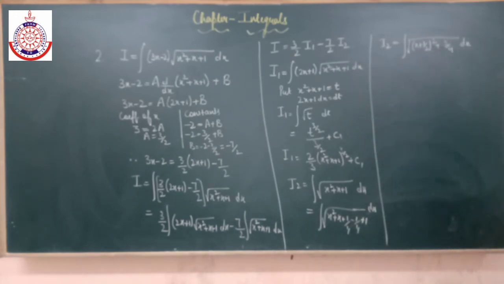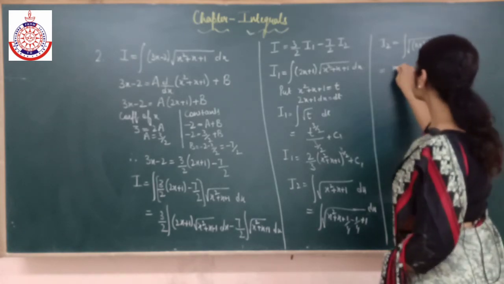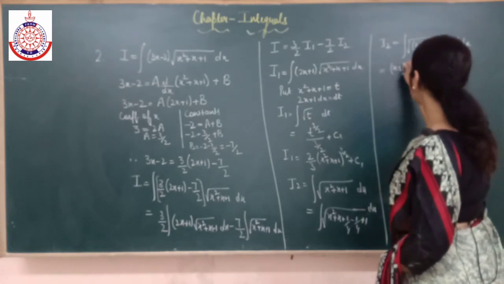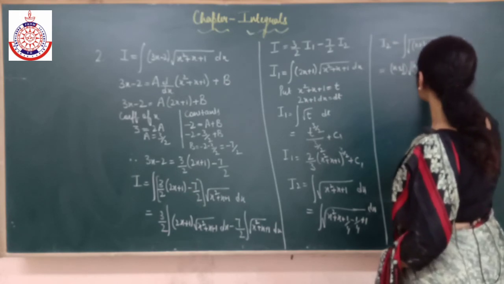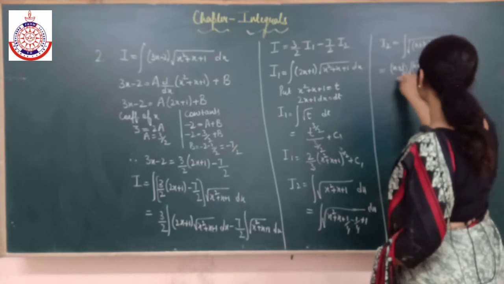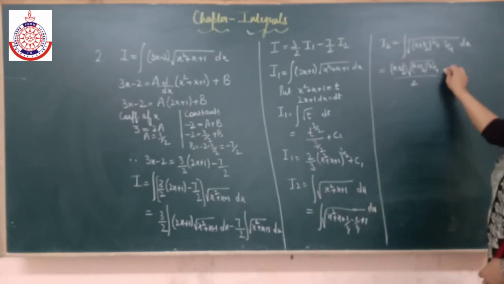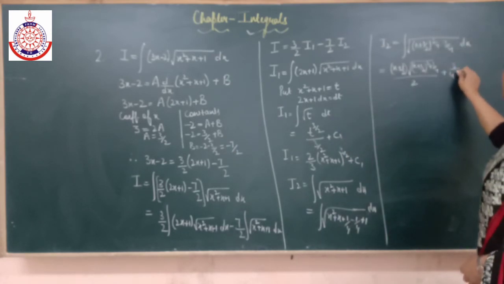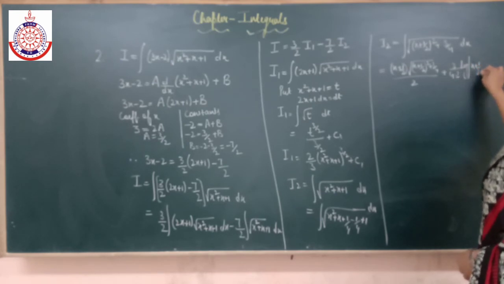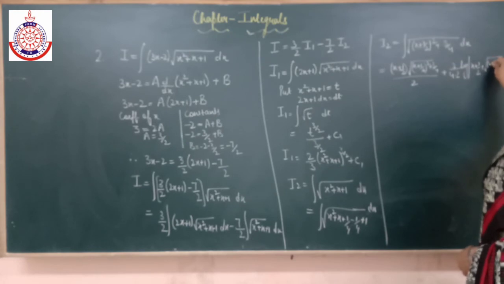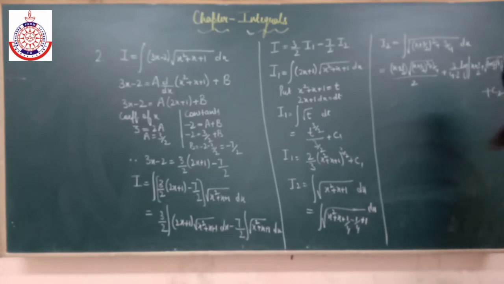Which form is this? Under root x square plus a square. So what is the integration? x by 2 into under root x square plus a square, plus a square by 2 log of x plus under root x square plus a square, plus c2.